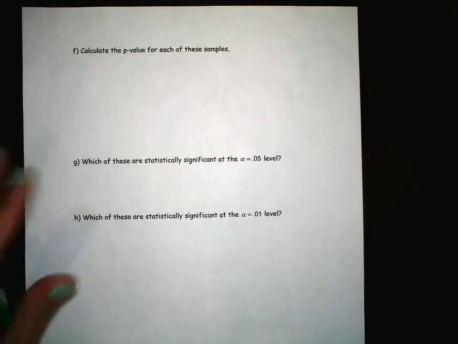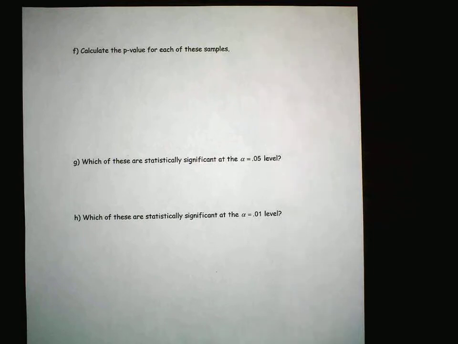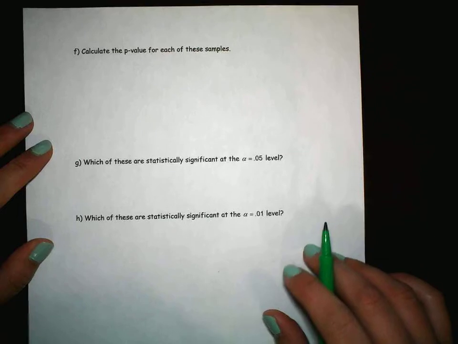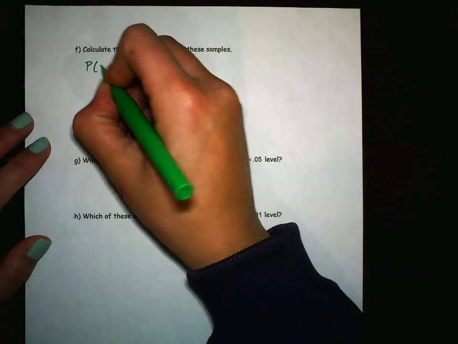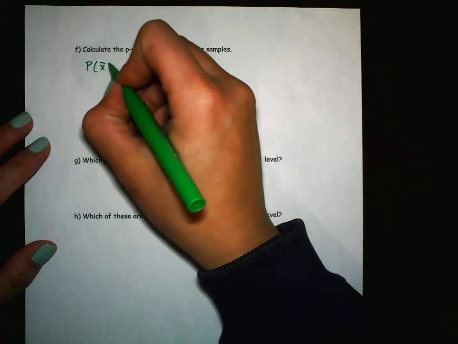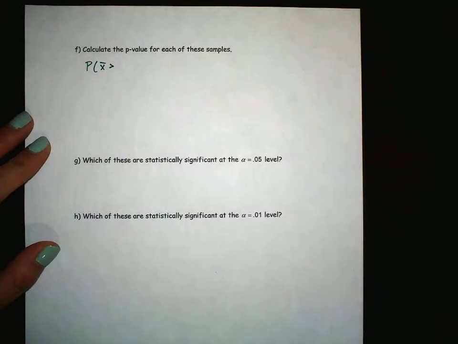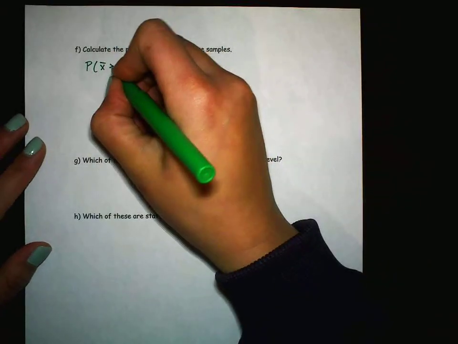So now we're going to those terms that we learned last time. P-value. Remember, P-value is the probability that measures the strength of evidence against the null hypothesis. Our alternative hypothesis is greater than 2.8. So what we want to go ahead and figure out is the probability that X bar is actually going to score greater than, we have to do it for both values, so 2.9 and also 3.15.